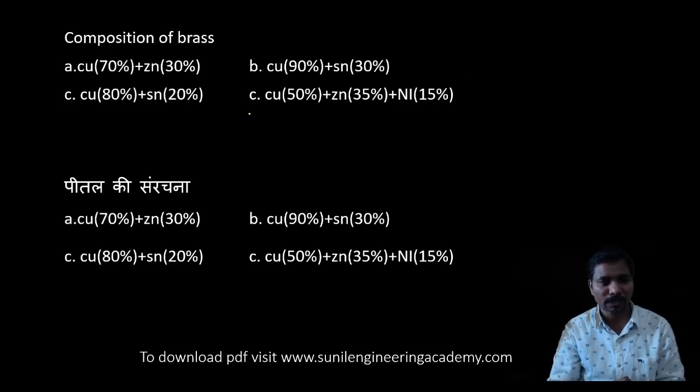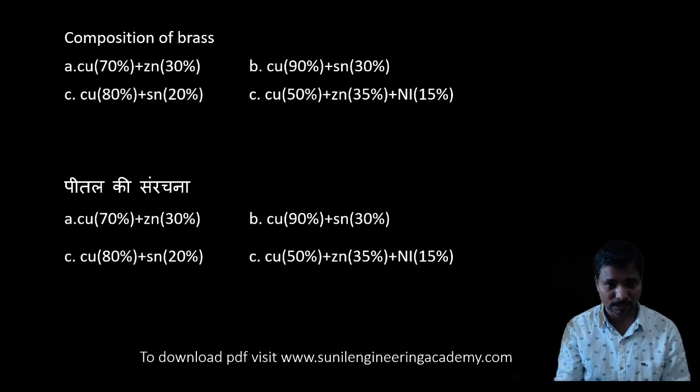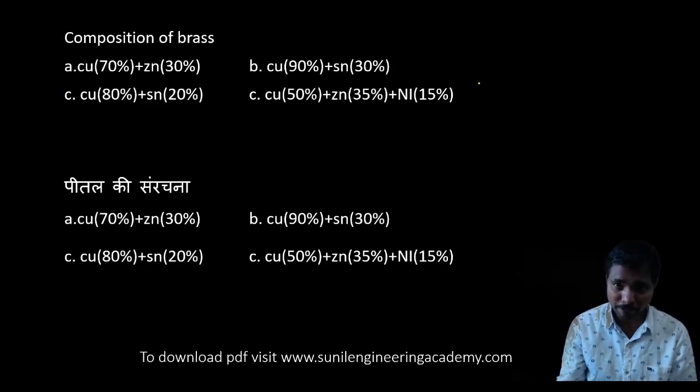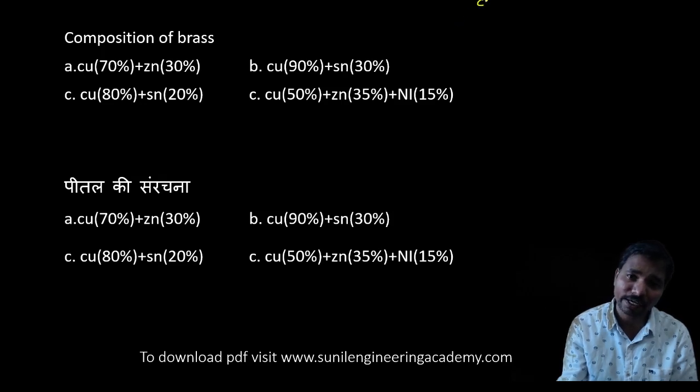Now coming to the next one, composition of brass. In the theory class I have given in detail about copper alloys and how to remember them. Once again, in brief, let us take the first one, brass.